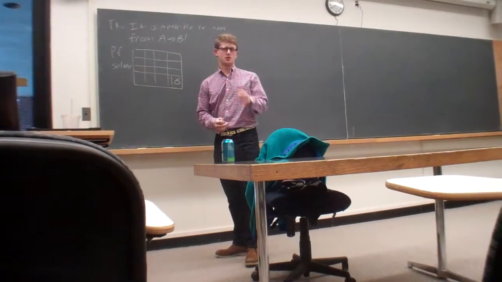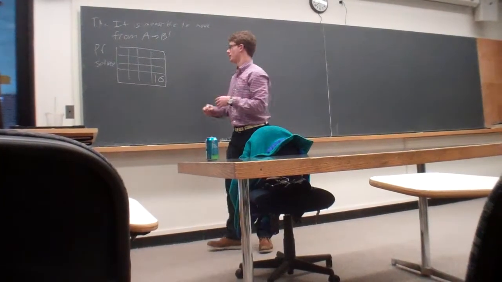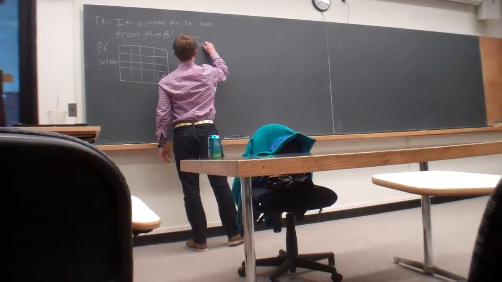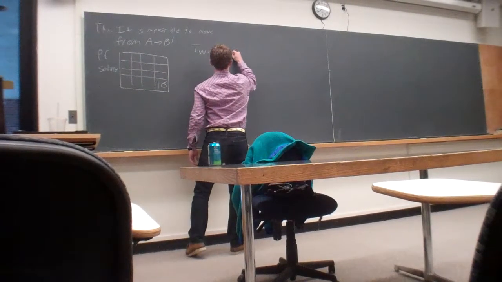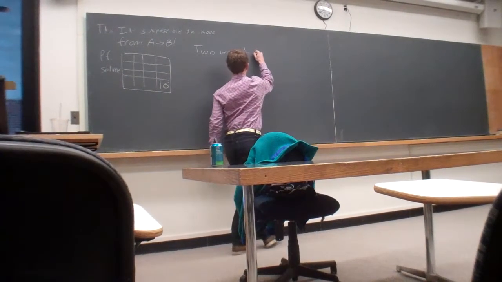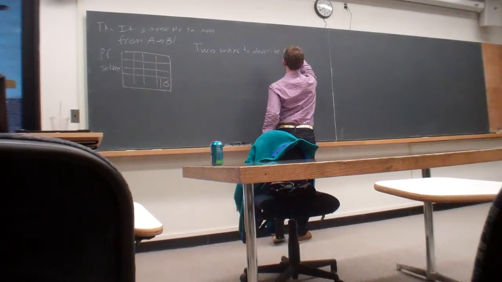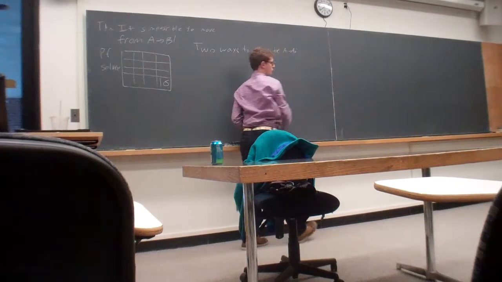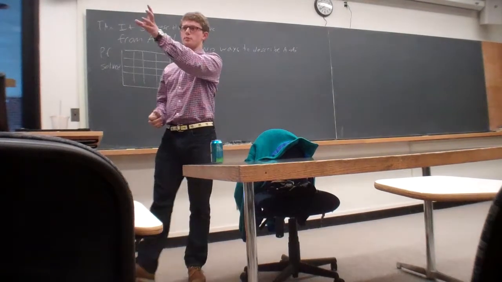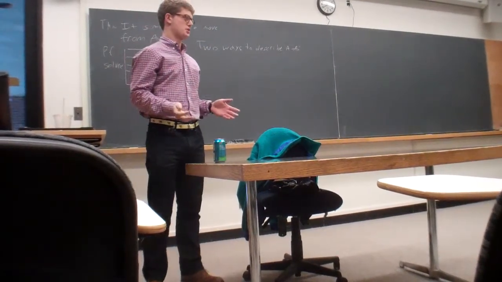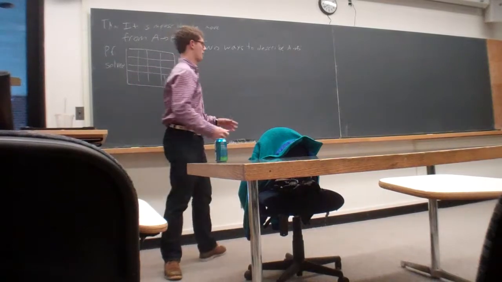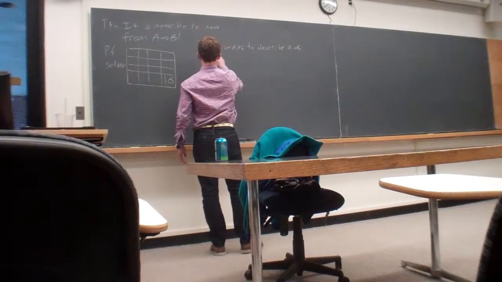So we have 2 ways to describe the challenge of going from A to B. First is the actual challenge. When we look at the board, it's simply a transposition of 14 and 15. We're just switching 2 elements. So we have (14 15).